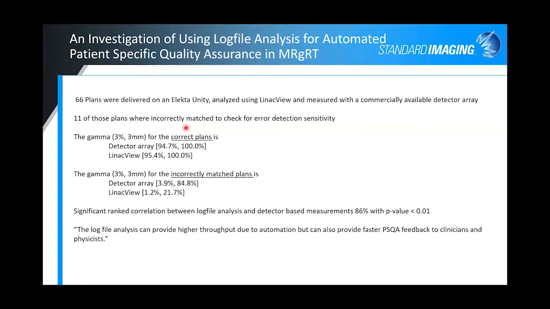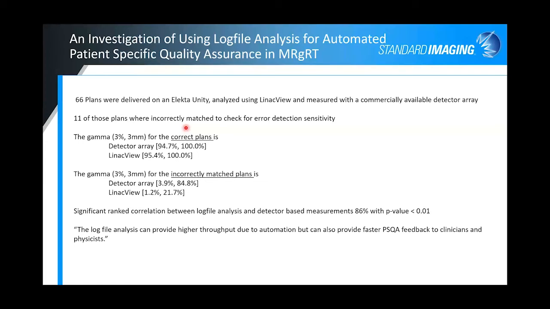For those of you that may not be aware what the Elekta Unity workflow is like, every day there is a plan of the day. So each day the plan is adapted. There'll be a day 1 plan of the day, a day 2 plan of the day.